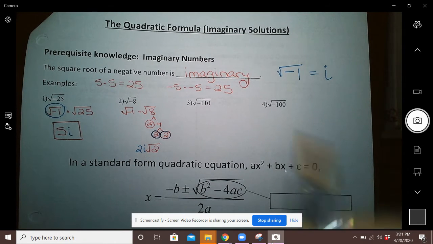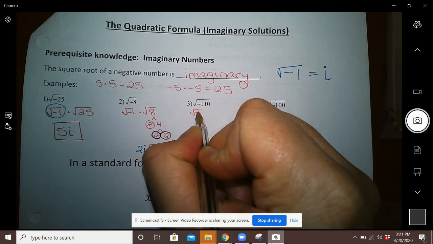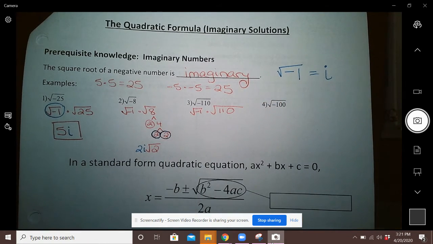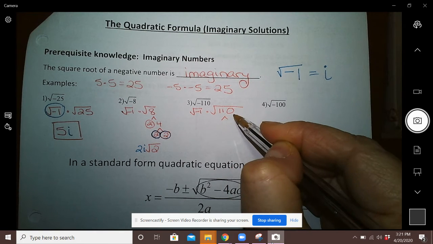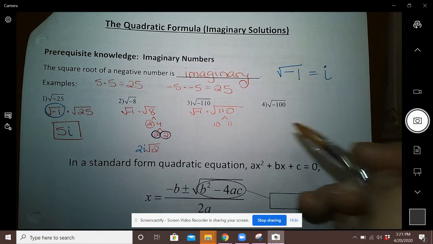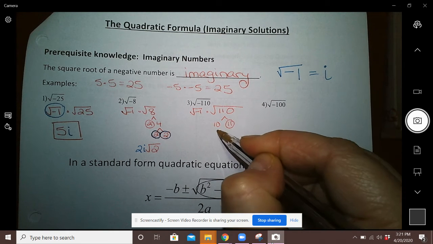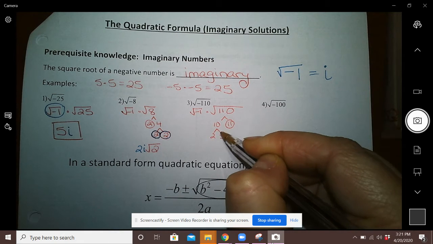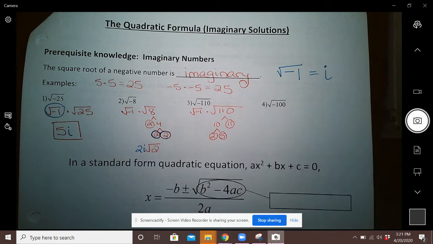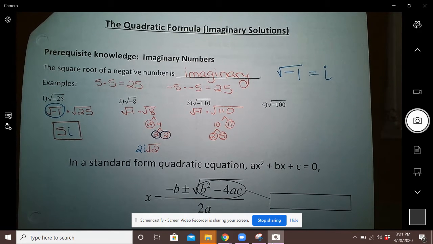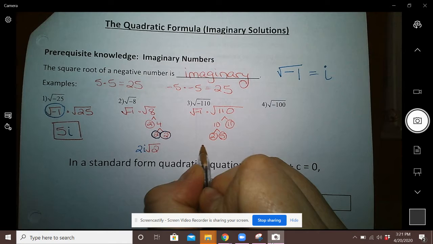Okay, let's go again. I'll break off the negative 1, and then we will simplify the square root of 110. Because anything that ends in a 0 can be divided by 10, and this is 10 times 11. 11 is prime. 10 can be broken into 2 times 5, and both of those are prime. So even though I simplified 110, I have no pairs to pull out, which means 110 is already simplified.